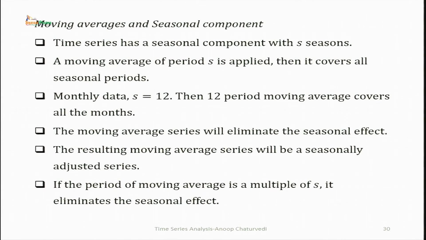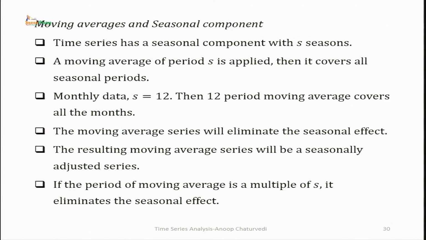Then moving averages and the seasonal component. Now, suppose the time series has a seasonal component with S seasons, and we apply a moving average of period S. Then what happens? It covers all the season periods.